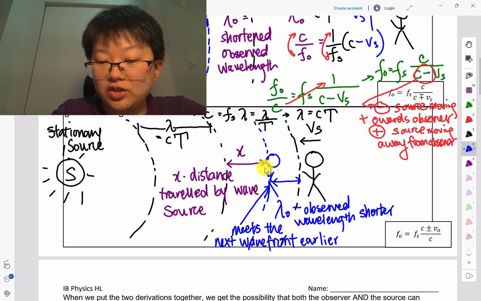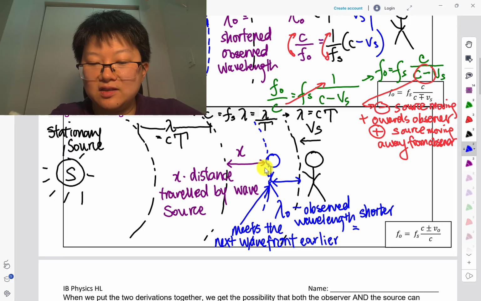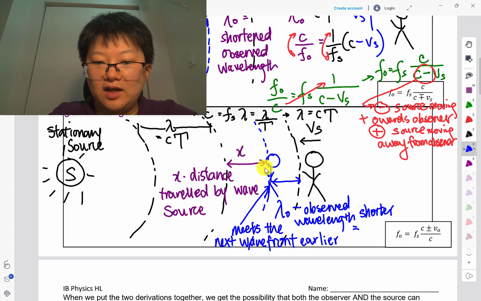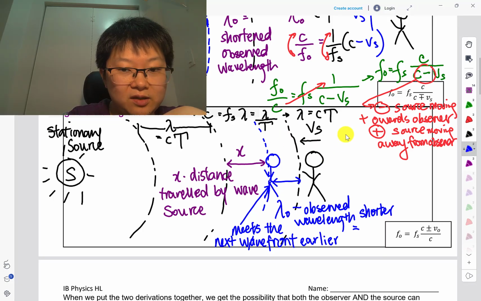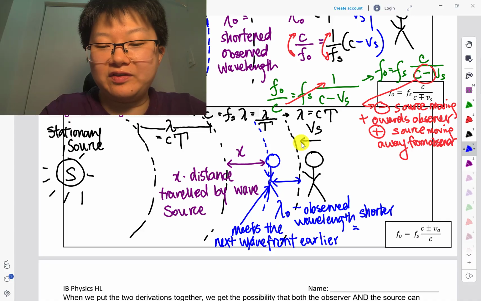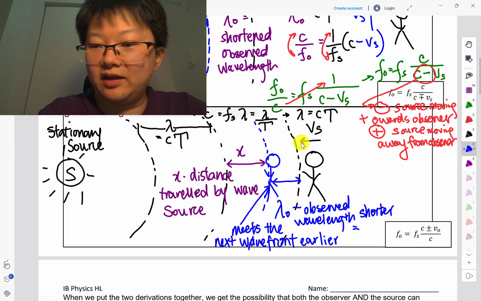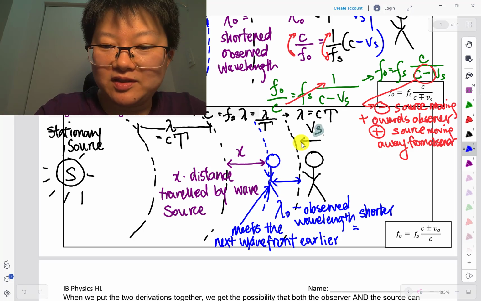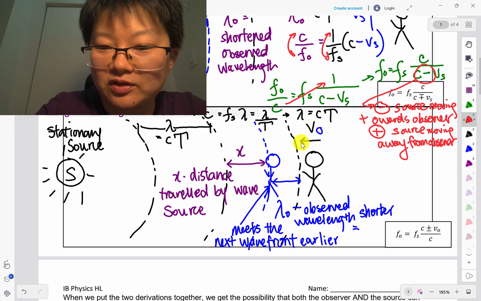Shorter by how much? Well, to get that distance, first of all, this is based off of distance is speed times the time. So speed is going to be the speed of the observer. And hey, you're right, I made a mistake. This should be O. I'll put a red sign here so you know.